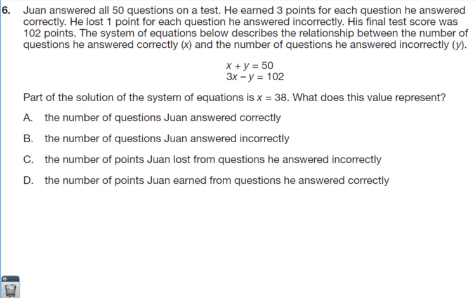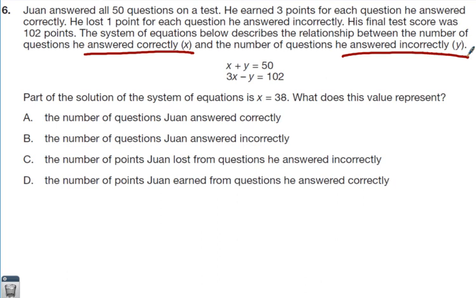Number 6, he answered all 50. Are they doing it again? Are they explaining the entire system and then just giving you the system of equations? Seems like it. Number of questions he answered correctly is x. Number of questions he answered incorrectly is y.